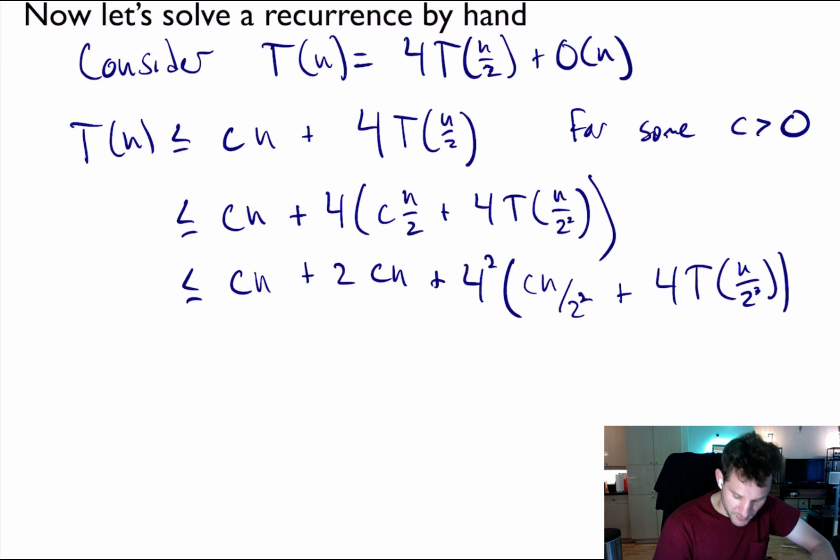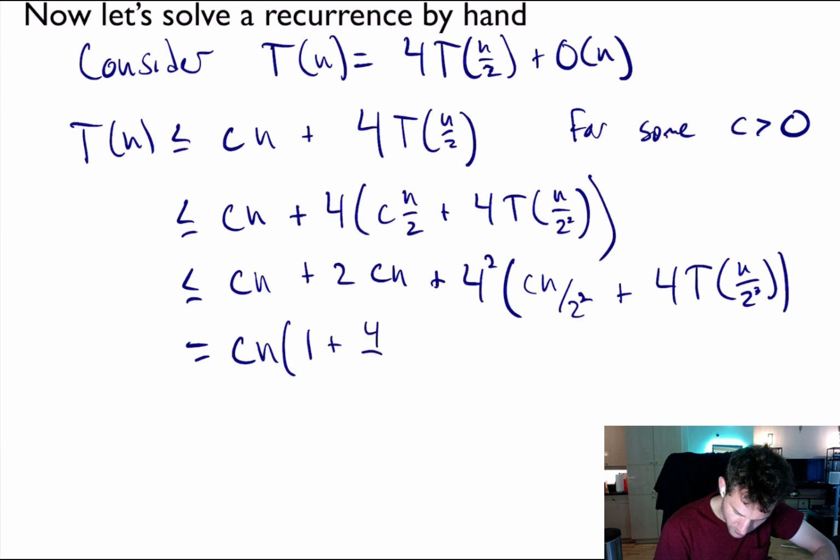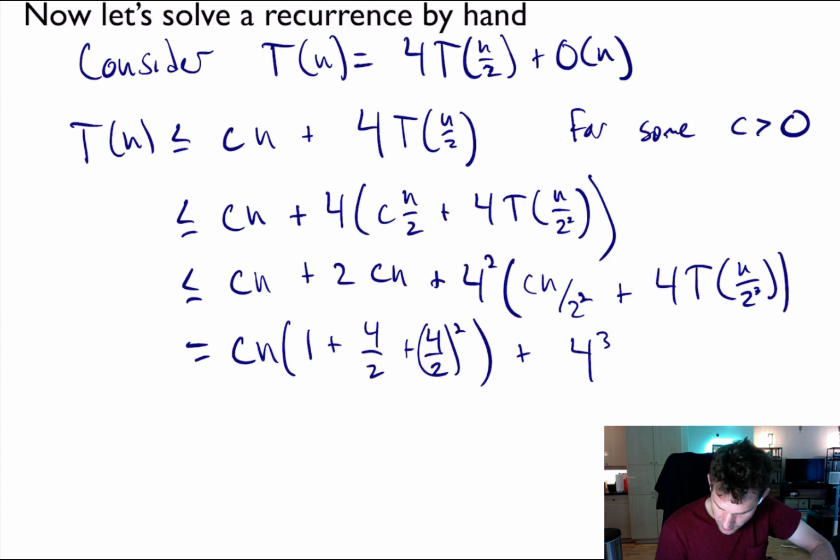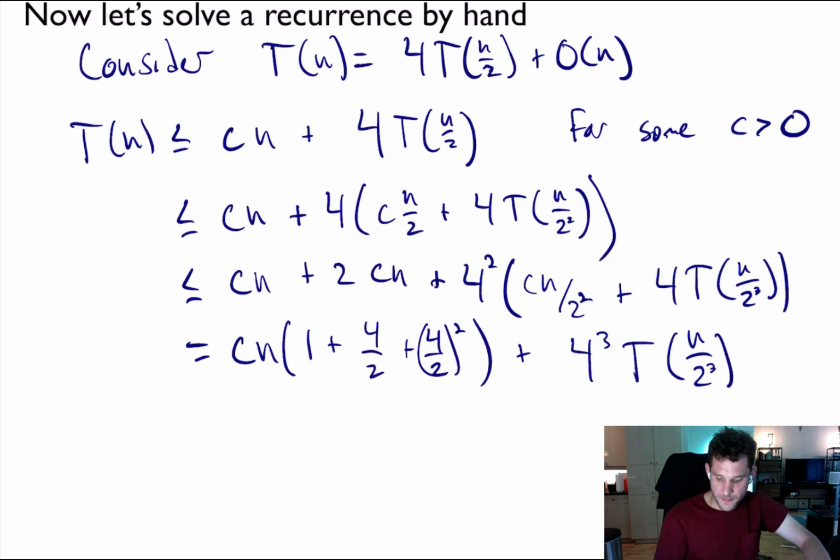If we organize this a little bit, we can see that this is Cn times 1 plus 4 over 2 plus 4 over 2 squared, plus 4 cubed t times n over 2 cubed. Just organizing there, and you kind of see where this is going.